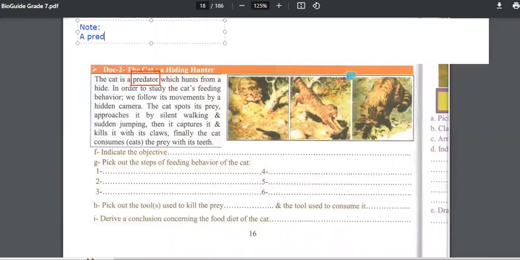A predator is an animal that, you can say, hunts, captures. So I'll say that a predator is an animal that hunts another animal to do what? For food, right? What do we call the animal hunted? We'll call it a prey, right?